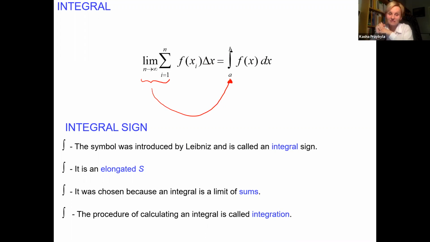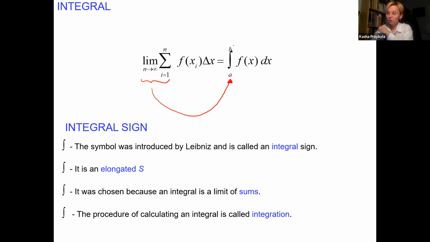The integral symbol is just an elongated S, for summation, addition. It was introduced by Leibniz, and it's called an integral sign. Of course, it means the addition, the summation.